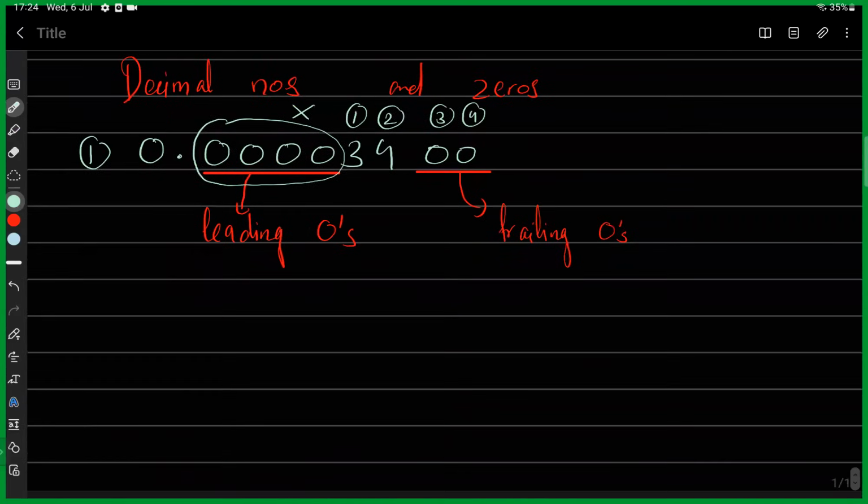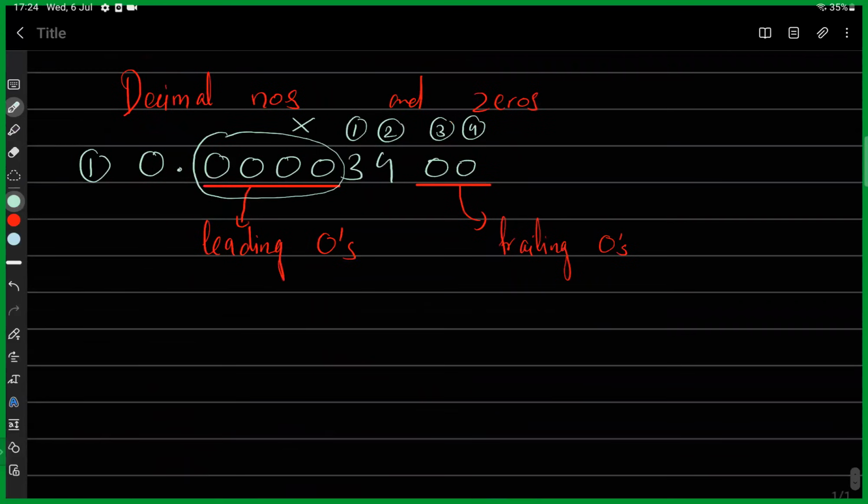If we talk about the third and the last type, here we only have numbers like 0.00 something. The zeros which are coming before the number are the leading zeros and they are not significant. But the trailing zeros, the zeros which come after the decimal or after the non-zero number, would be considered as significant figures. Okay, let's talk about some examples and then this will get clear.